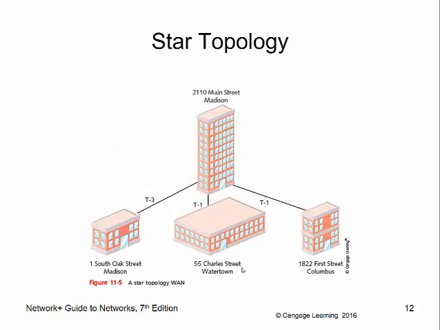This is kind of what a topology in a switch network on a LAN looks like, except in this case, instead of a switch, I've got a building. So maybe 2110 Main Street is my headquarters. Yeah, it should be. It's a big, tall office building. And these other ones are branch offices. So what I do is I have, instead of having the offices connect to each other, everybody connects back to the main office.